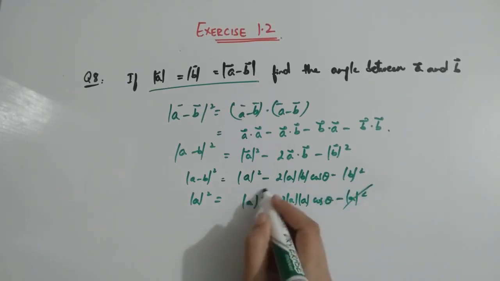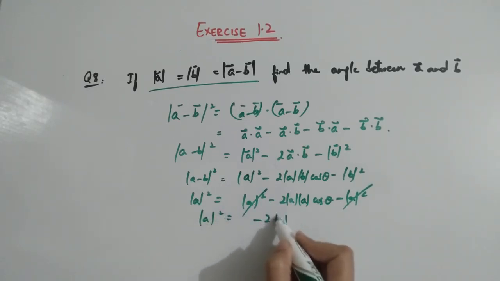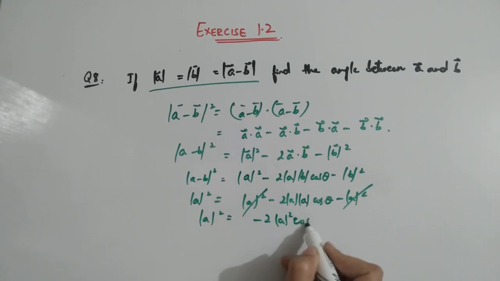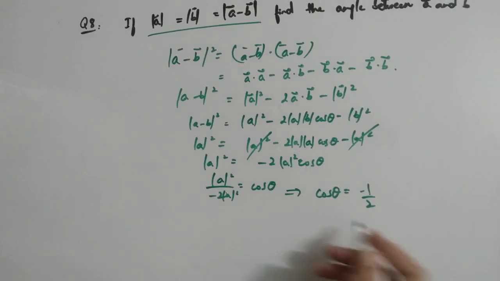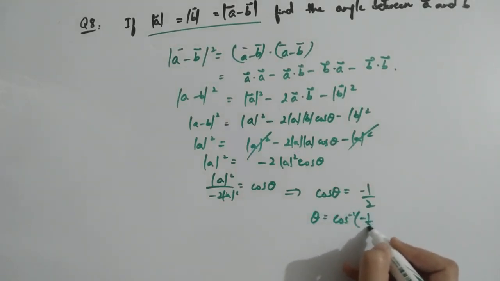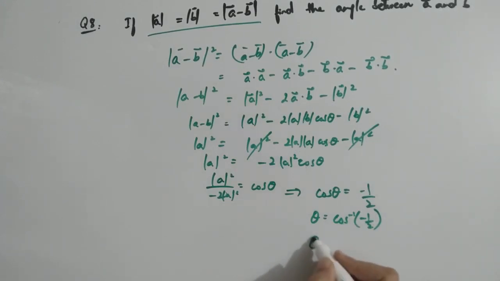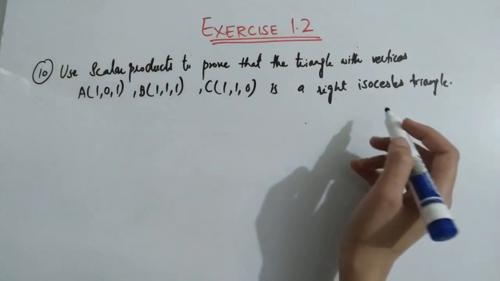You will find that |A|² equals −2|A|² cos θ, and solving this, cos θ equals −1/2, and θ equals cos inverse of −1/2. As cos is below the negative sign, you will get θ equal to 60 degrees. This is the answer. In question number 10, you have to prove 2 things.